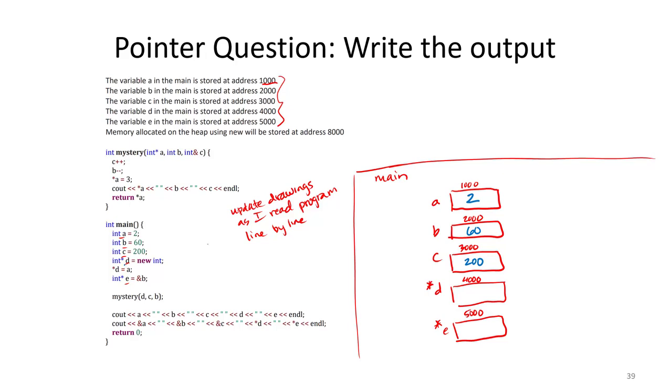Look what happens with d, though. D is a pointer. And I'm declaring my pointer d, but I'm making it point at a new int. I am told memory allocated on the heap using new will be stored at address 8000.